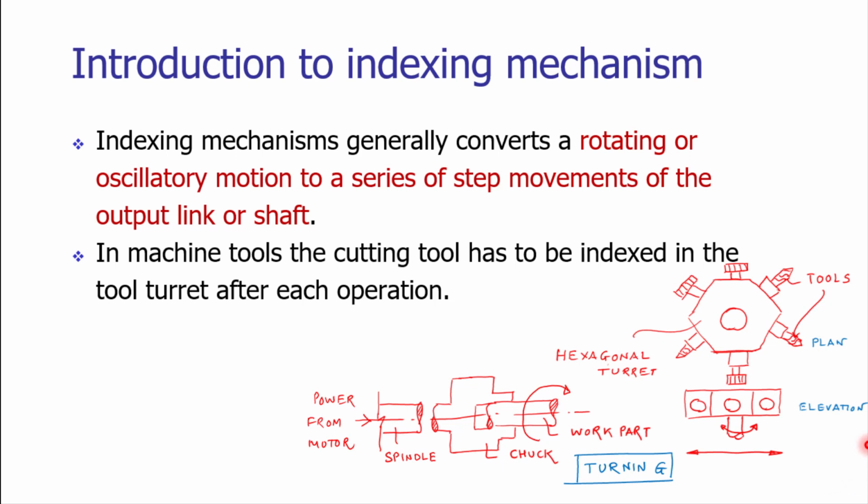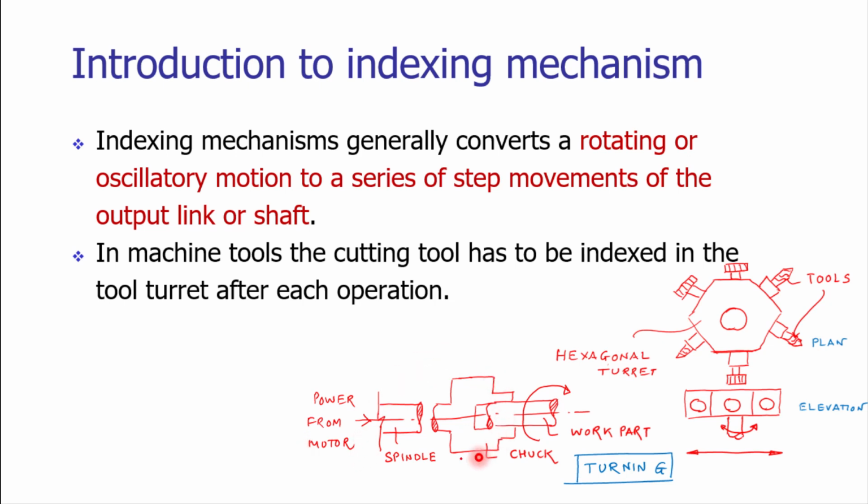The tool turrets are basically used in turning operations. In turning operation, we are reducing the size of axisymmetric work parts. Consider a cylindrical bar held in a chuck. Chuck is a work holding device. The chuck is driven by an electric motor.